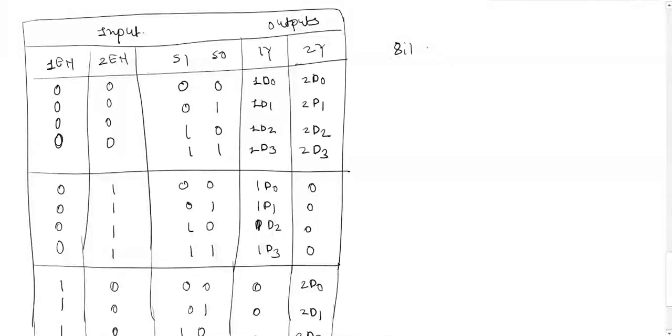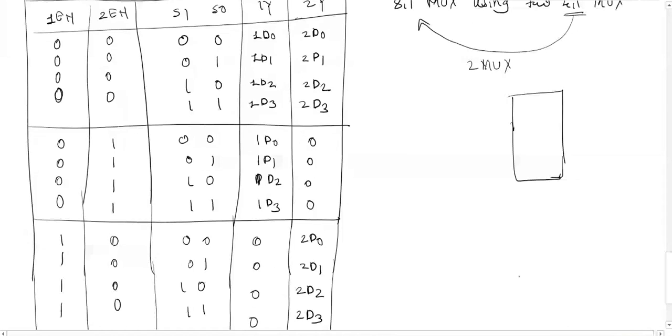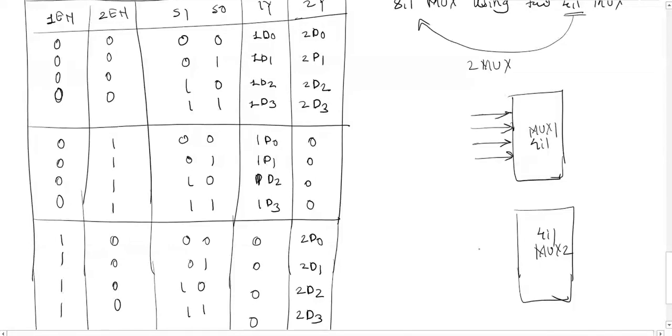Now, using two 4:1 multiplexers, what can I do? I have a 4:1 multiplexer and I want to implement an 8:1 multiplexer, so I need two multiplexers. This is the first multiplexer, mux 1, and this is the second mux, both 4:1. The first 4 data inputs I will give here and the next 4 data inputs I will give here.